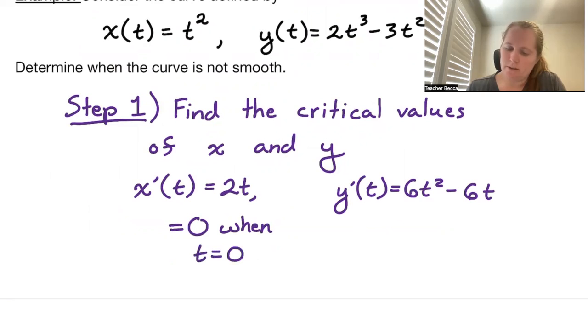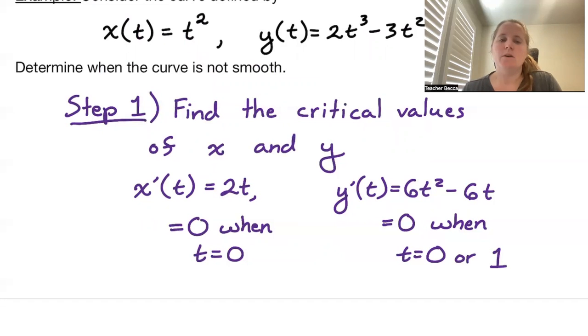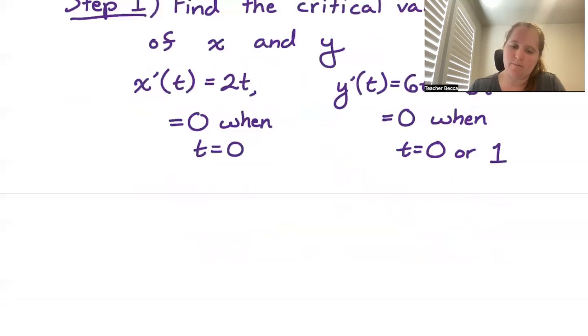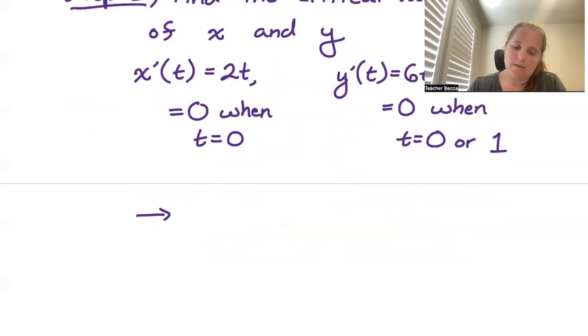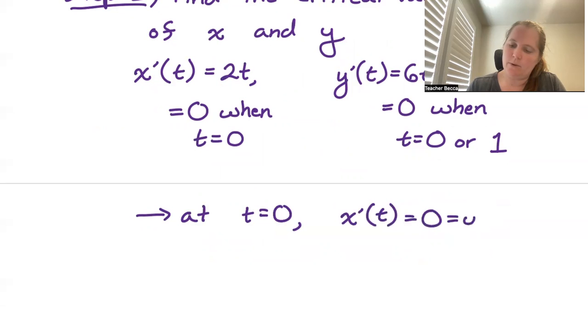Y prime of t equals 0 when t equals 0 or 1. So this means that we do have one place where both x prime and y prime equal 0. So at t equals 0, x prime of t equals 0 equals y prime of t.